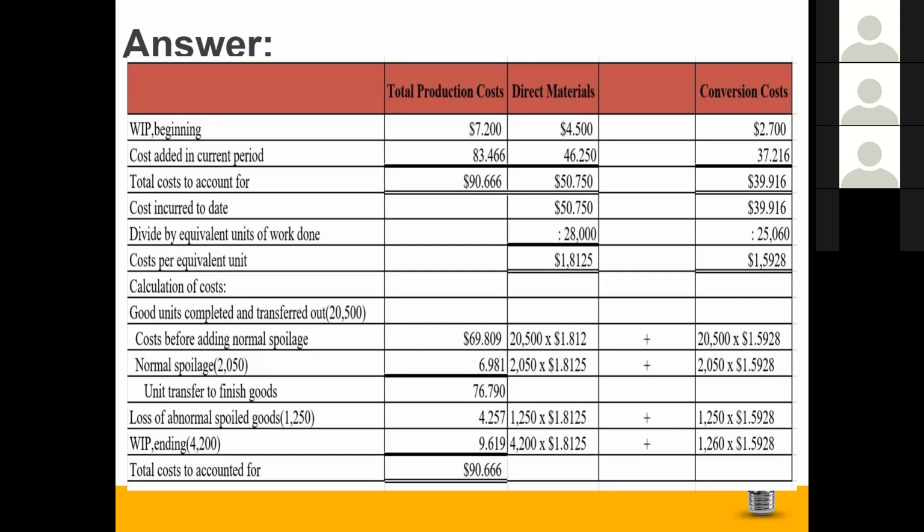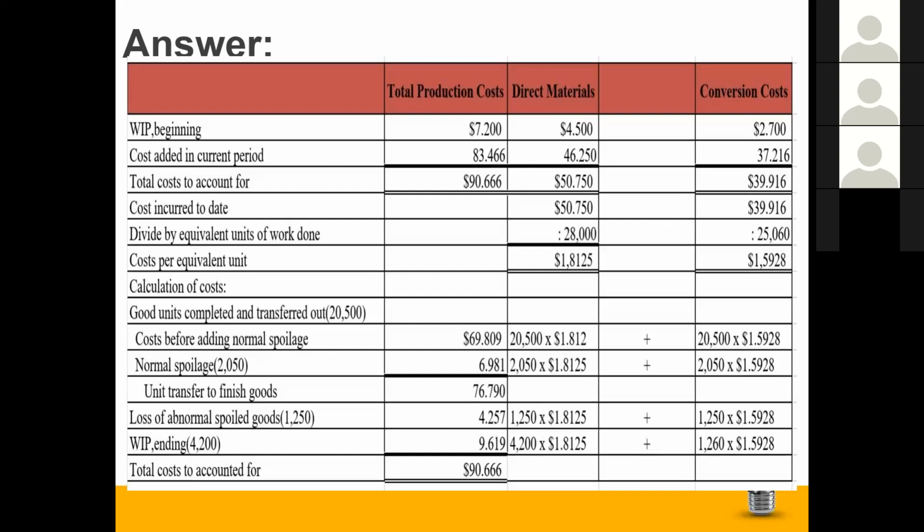Okay, so for this slide, we get total production cost, direct material, and conversion cost. In order for us to know the cost to account for, we need to add WIP beginning with cost added in current period. So in the total production cost, we got $7,200, and then we add it with 83,466, and we got $90,666.